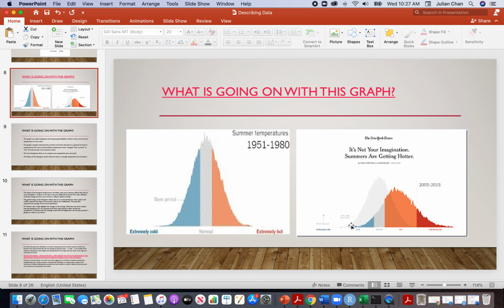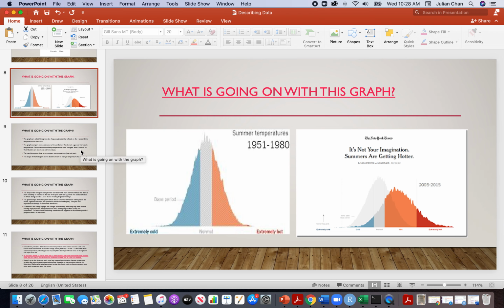And there is a wider range of outcomes, a wider range of temperature ranges. So we need to discuss how to make a histogram, more about the normal distribution or normal graph, which these both describe, and how to interpret this graph.